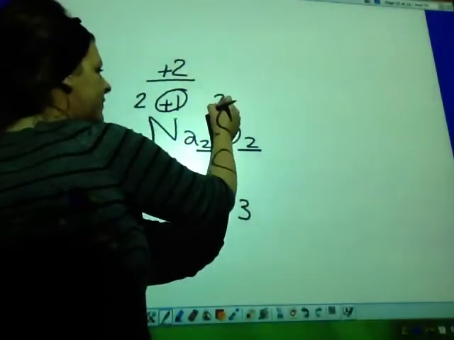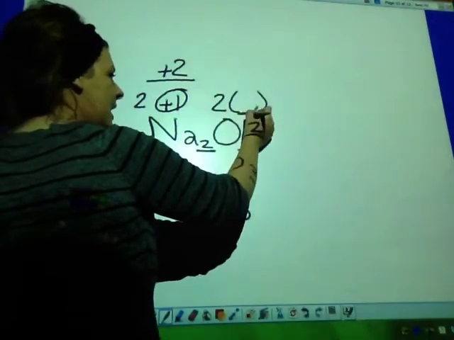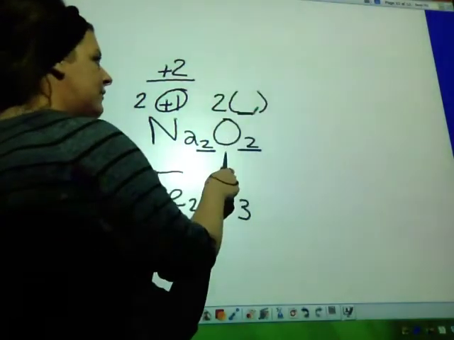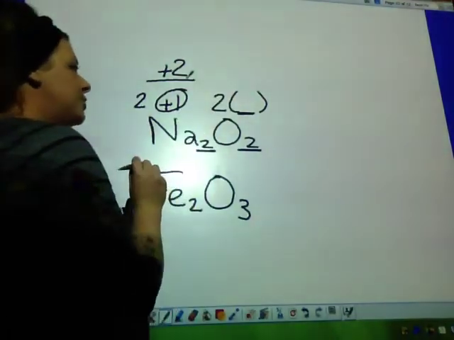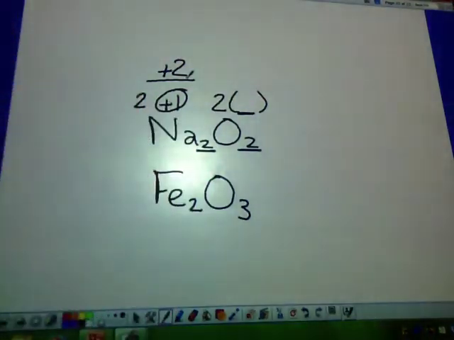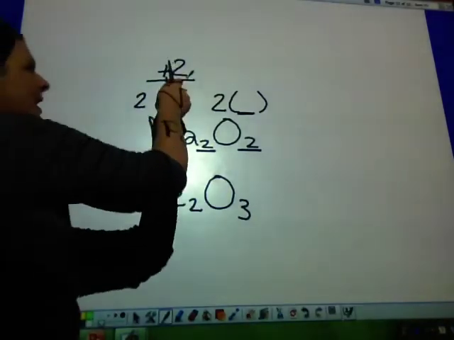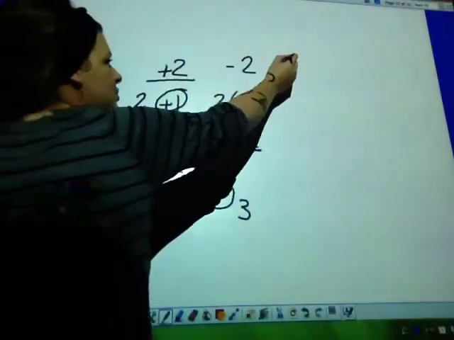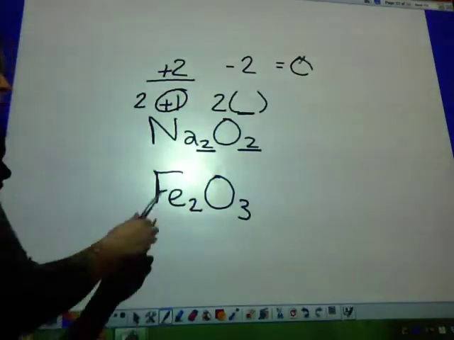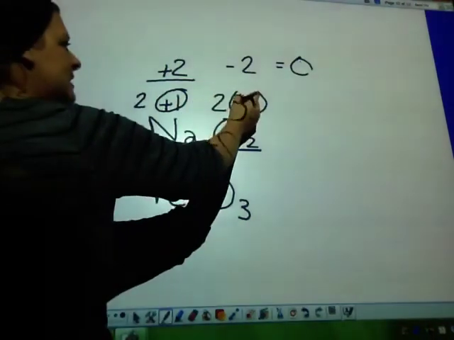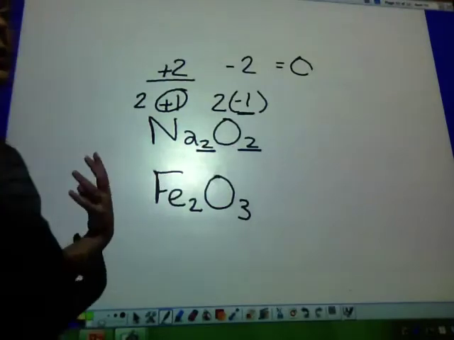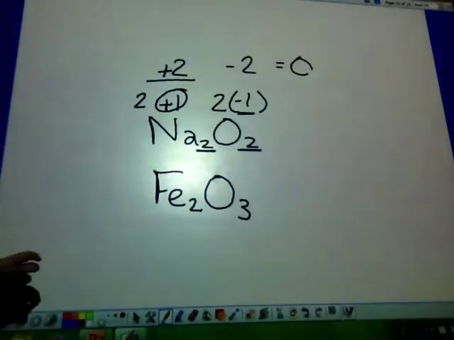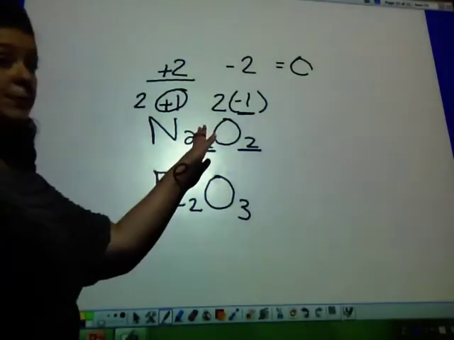Oxygen, I have 2 of them, so 2 times the oxidation state of oxygen has to balance out that +2 to give me an overall net charge of 0. So my goal is to get -2 so I can balance it out to get a neutral compound. That means this has to be a -1. So peroxides, always that -1 oxidation state.